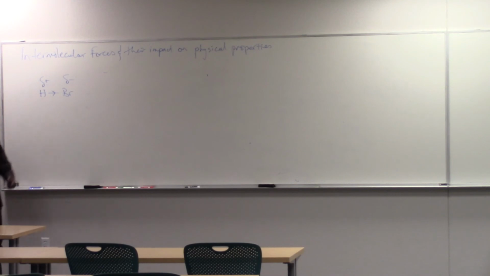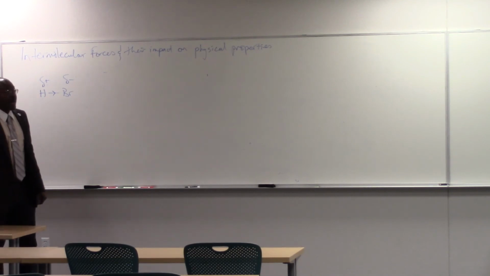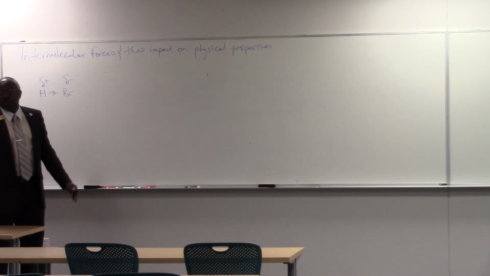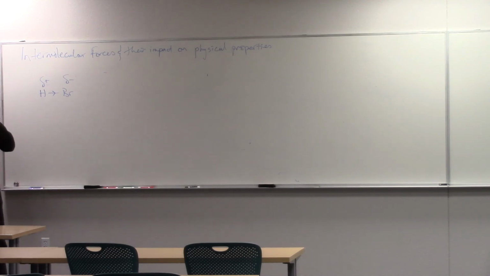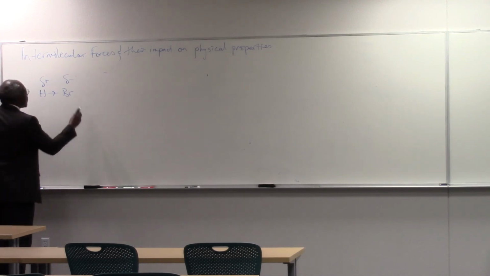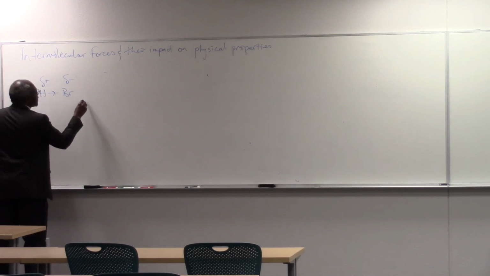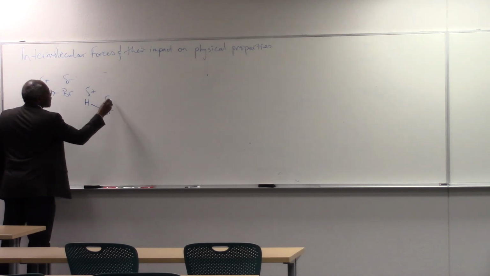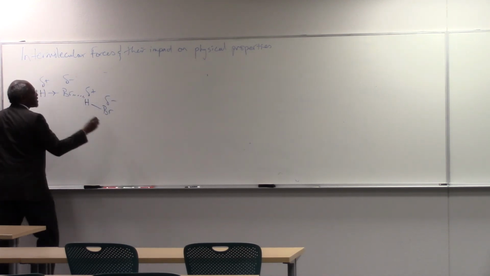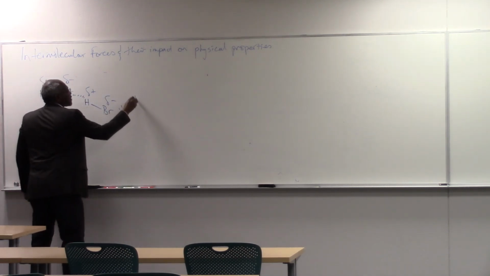So when I have a sample of HBr, I'm dealing with billions of molecules of HBr. Well, they will spontaneously arrange themselves so that the delta plus of one HBr is interacting with the delta minus of another.